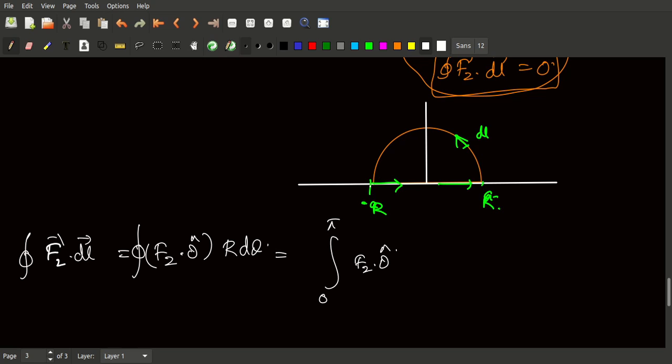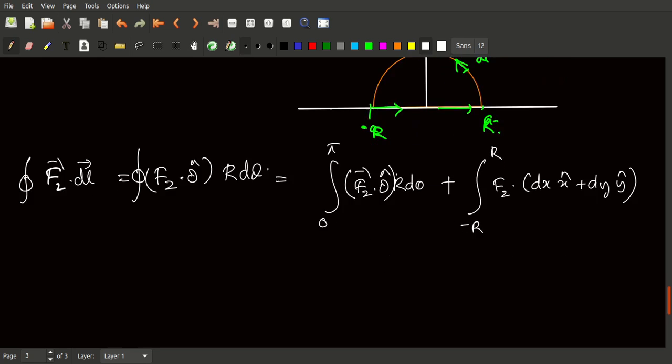And now you can do the integral along the straight path also, and that straight path I am doing in the Cartesian coordinate system, which is also possible. You can split the integration between polar and Cartesian coordinate systems. So this becomes from minus R to R, F2 dot dx x cap plus dy y cap. You simply apply both cases there.